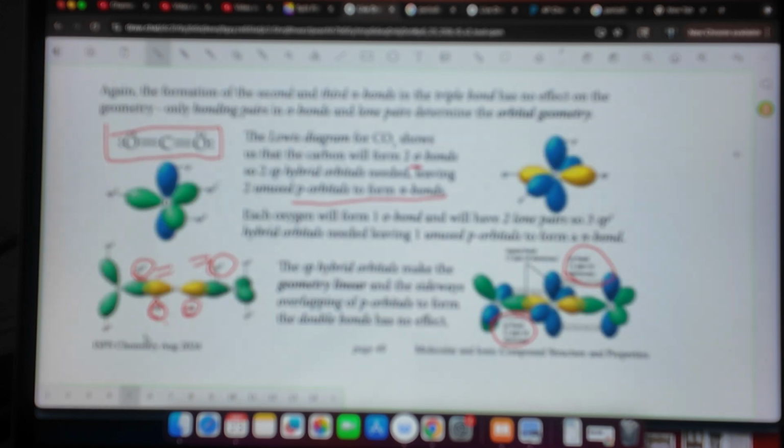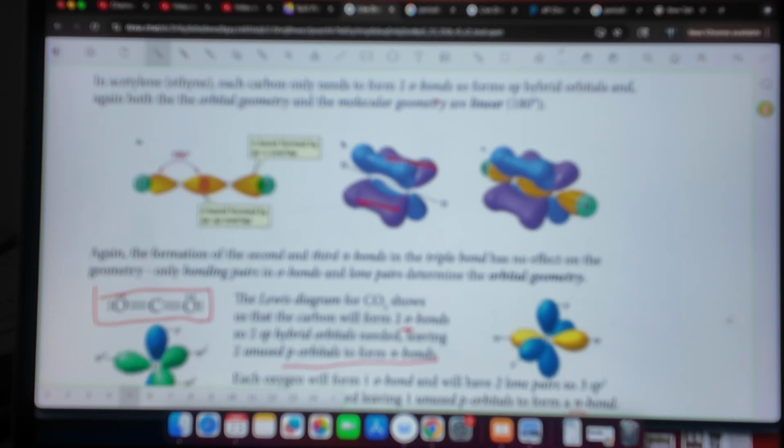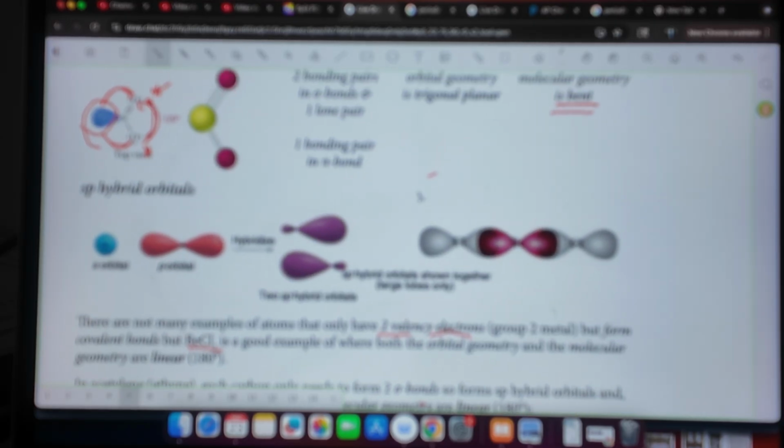So let's go back. Let's look at the carbon. Right here, normally they're just sigma bonds, two carbons that are bonded together. Let's see an example. Yeah, so normally there would be just a carbon-carbon sigma bond formed, right?